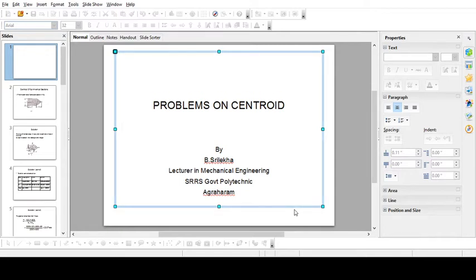Given this figure, it is symmetric about the x-axis, right? And when you divide this section, it can be divided into two simple things, a rectangle and a triangle.